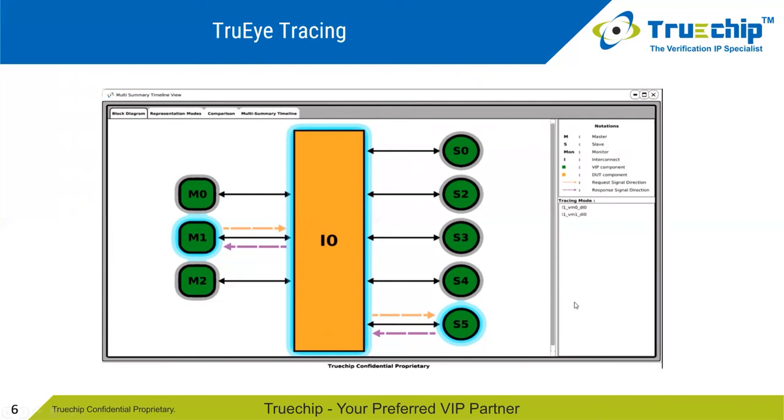Like in this diagram, you can see a transaction has started from M0, passed to the NoC I0, and reached slave S5. From S5, a response goes to the NoC, and after that it reaches M0. It's independent of the protocol, so any type of masters or slaves can be possible. Here you can find the full transaction path with each interface latency.